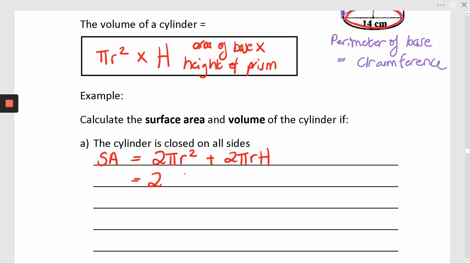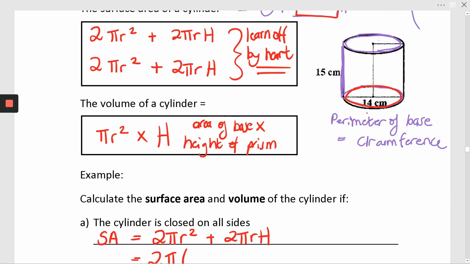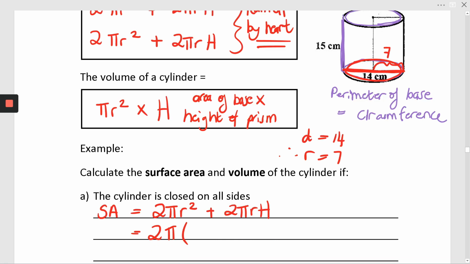That's going to be 2 pi times the radius. Okay, what is the radius? That 14, the way they've written it, and this can be confusing, the way they've written it in the middle means that it is the diameter. So diameter equals 14, so my radius equals 7. If they put the 14 on just the one side, it would mean that 14 was the radius. But because they put it in the middle, I know that the radius is 7.